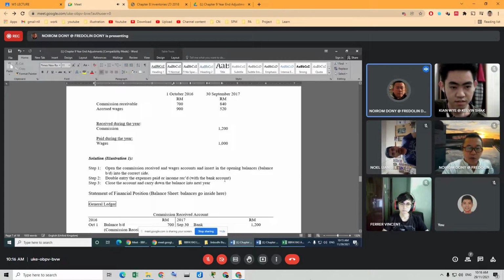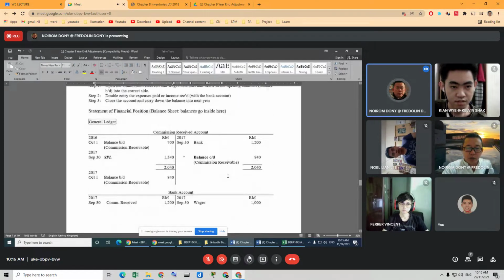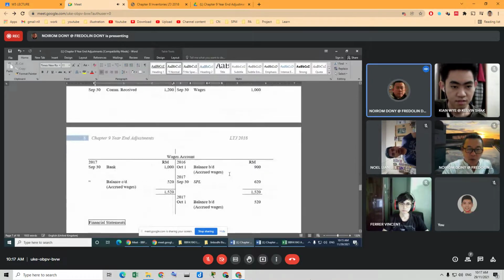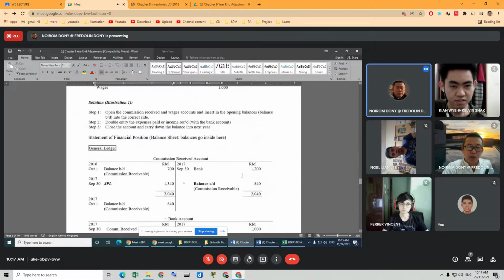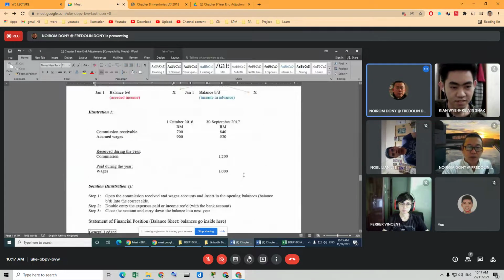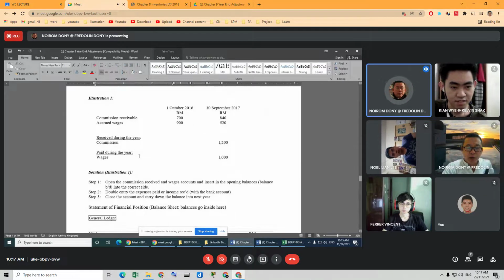So how do you know whether this question wants the two-stage method or the one-stage method? You look at the question. Normally the question says, prepare the ledger account on commission receivable, or prepare the account on commission and wages.